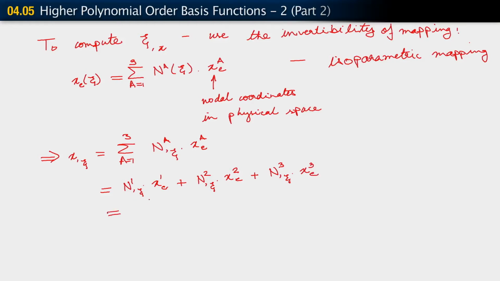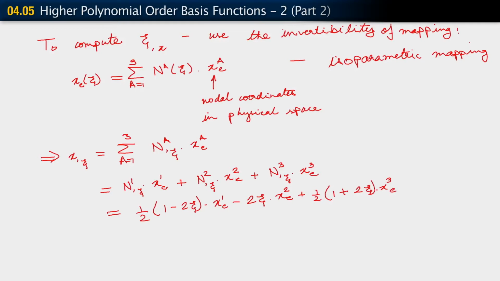We have N1, N2 and N3 derivatives with respect to ξ. So that turns out to be 1/2 (1 minus 2ξ) times x1e minus 2ξ times x2e plus 1/2 (1 plus 2ξ) times x3e.